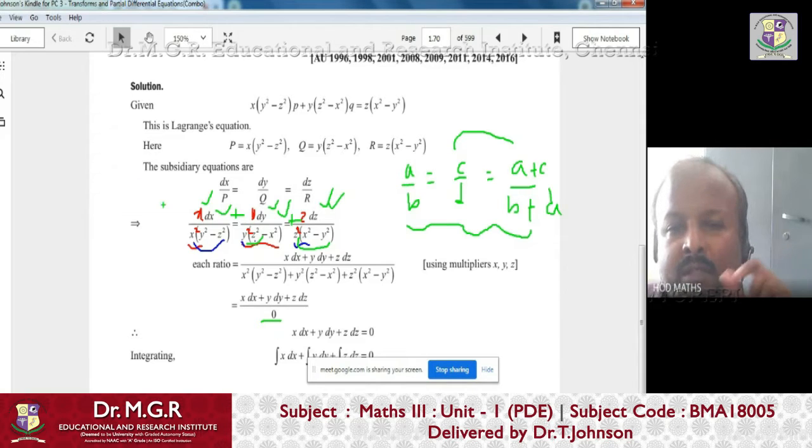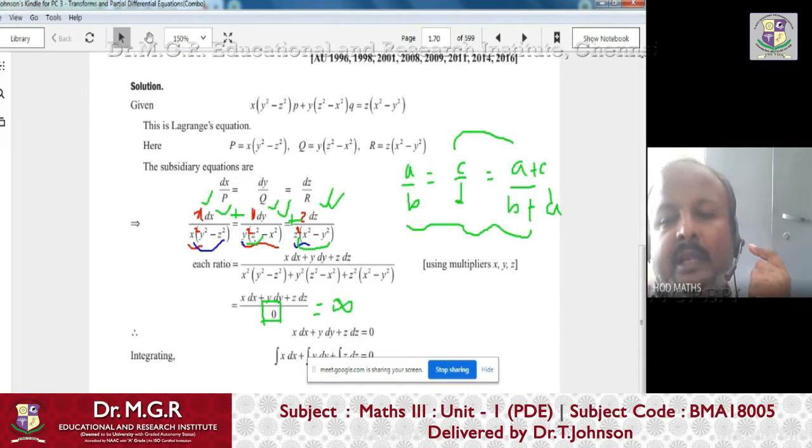So now if you do that, it becomes x dx plus y dy plus z dz, and in the denominator we have this term, which automatically becomes 0. Usually if the denominator becomes 0, you think the term becomes infinity. It's not like that. Here we are simply dealing with the total differential, so whatever is in the upper part is nothing but the total differential.